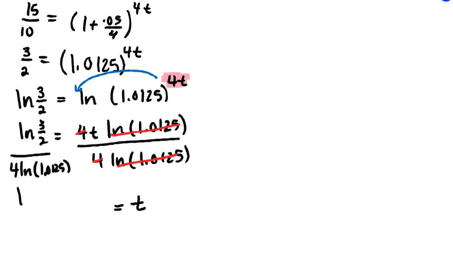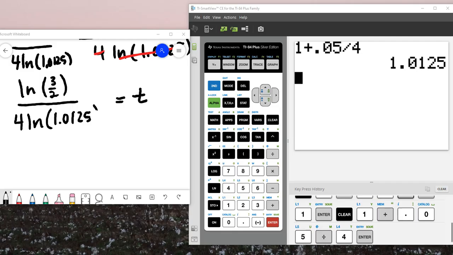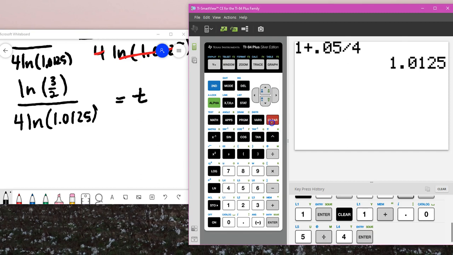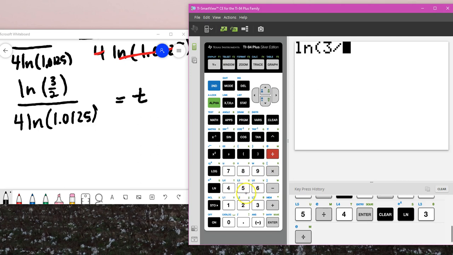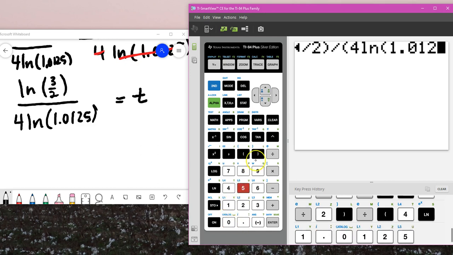And I have t equals natural log of 3/2 over 4 natural log of 1.0125. Let me put that in my calculator. So in my calculator, I'll type natural log of 3/2 divided by, I need parentheses for my whole denominator, so that's 4 natural log 1.0125.